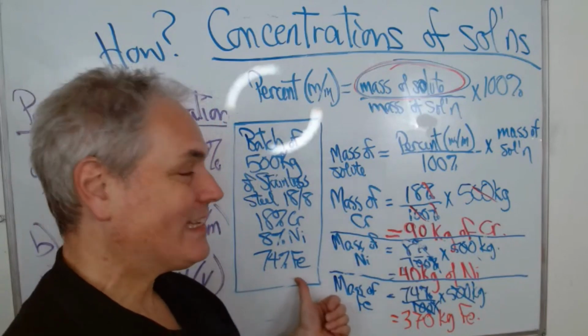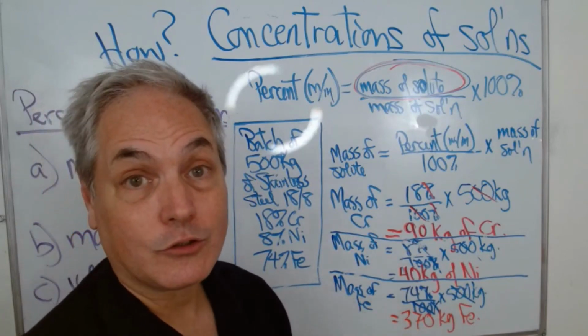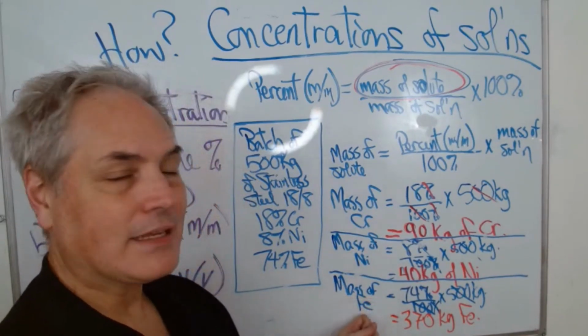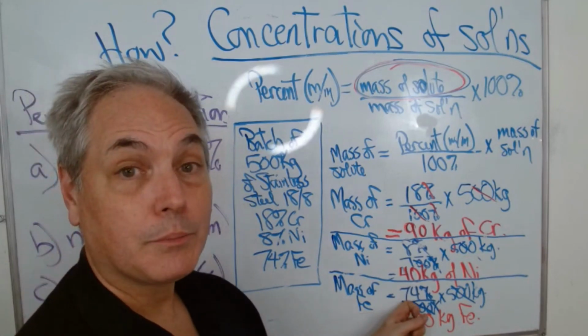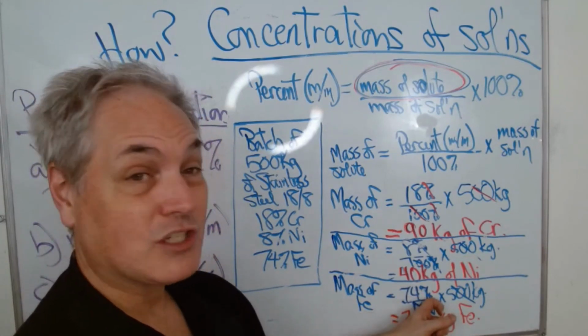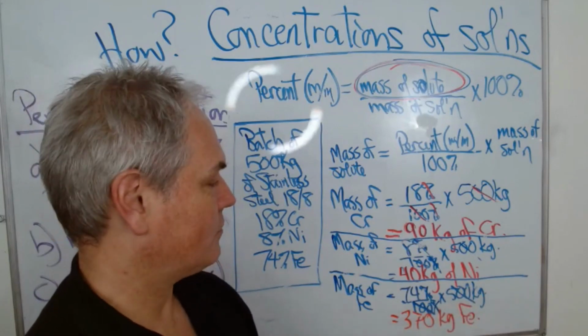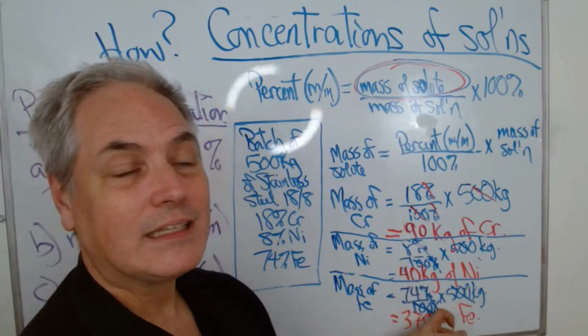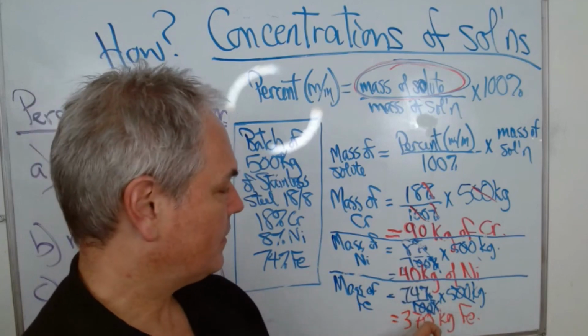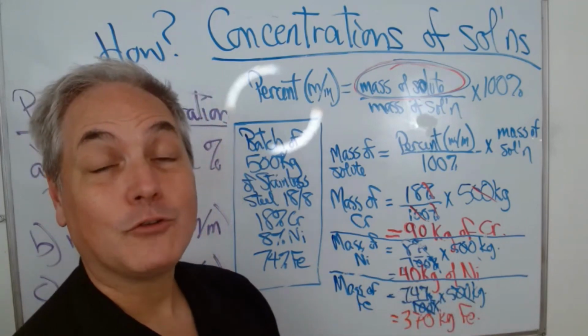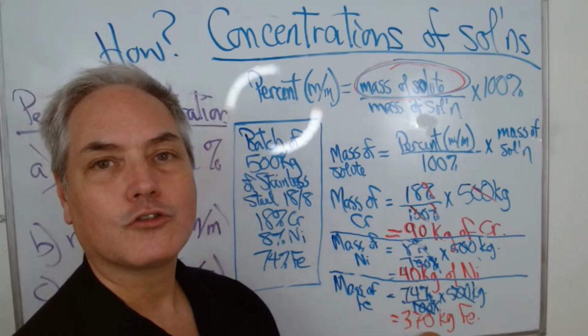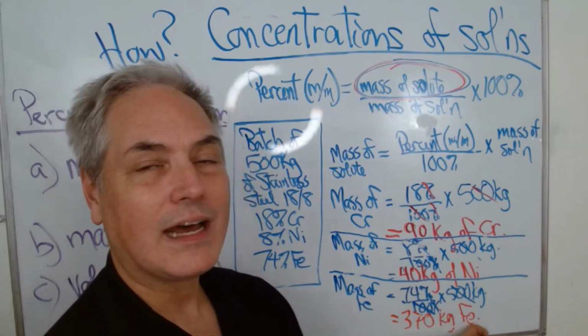Now the last one is iron. I can do the same calculations here. We have the mass of iron, which is the mass percent, 74% divided by 100 times 500 kilograms. The percents here cancel out, the hundreds as well. 74 times 5 gives us 370 kilograms of iron.